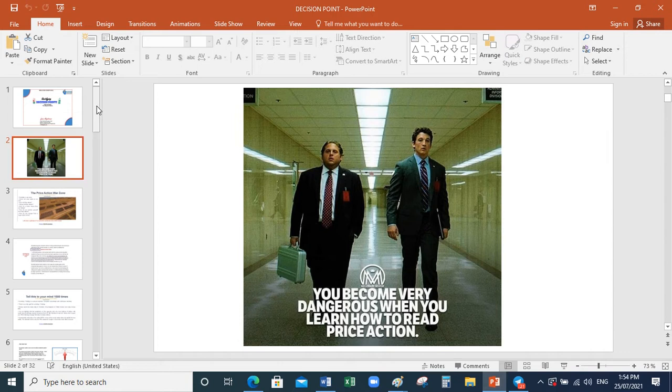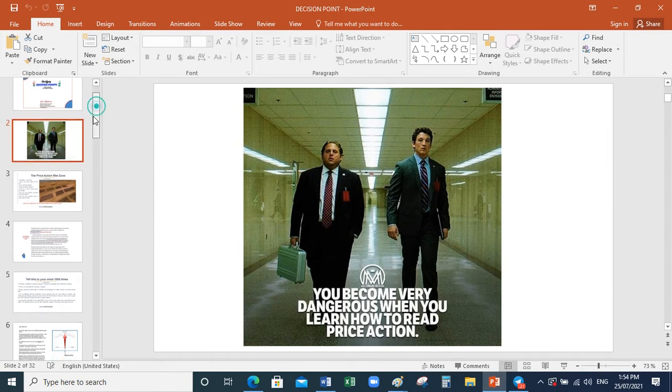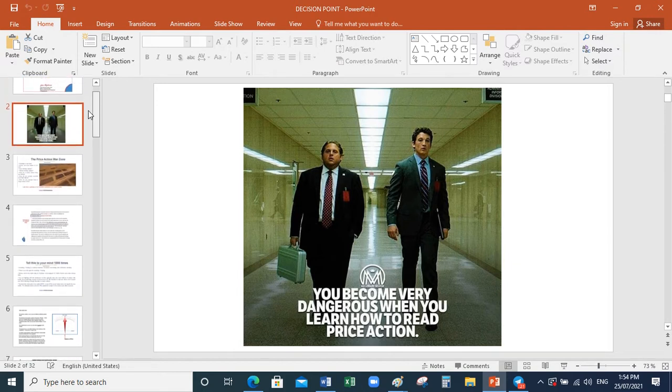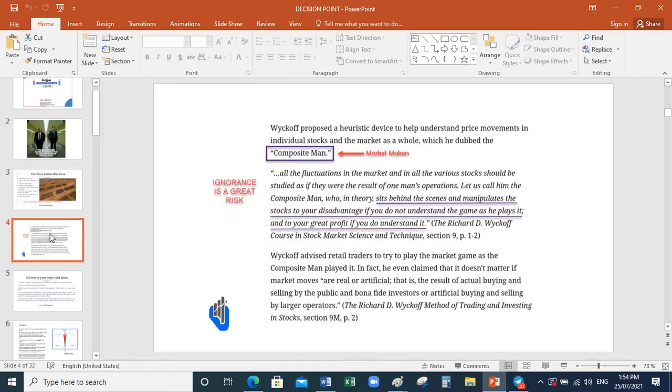Now, understanding is the key. So I still want to refer you back to the golden words of Richard Wyckoff, that ignorance is a great risk.